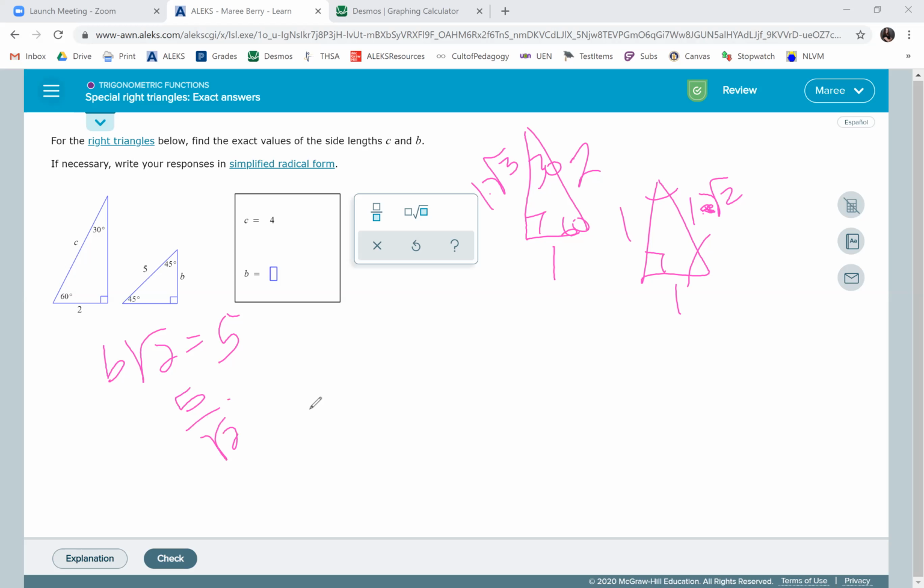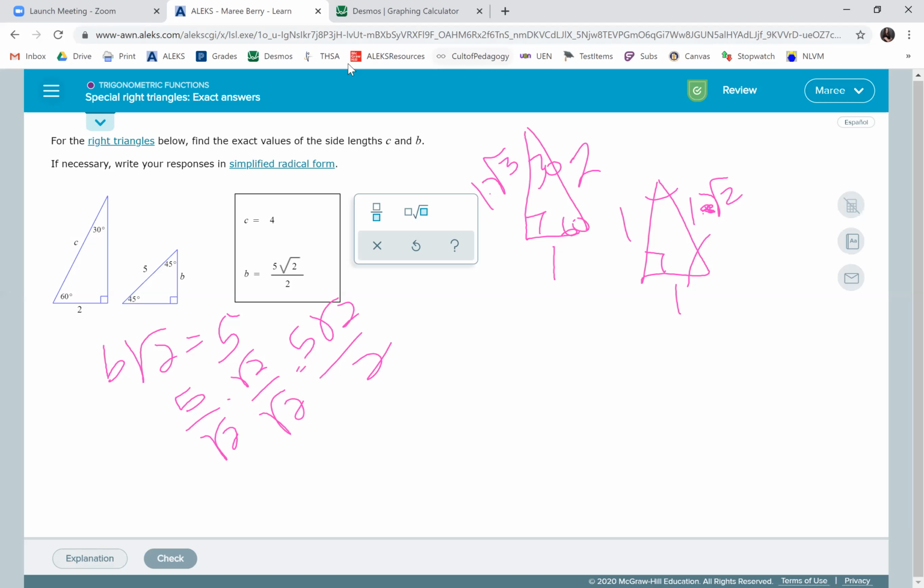Again, we don't want a square root in the denominator, and Alex will let you do that. Just don't. It's more mathematically correct to rationalize the denominator. So 5 square root of 2 divided by 2, and that's that one.